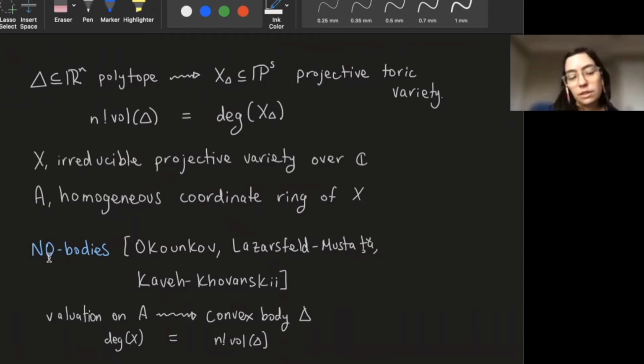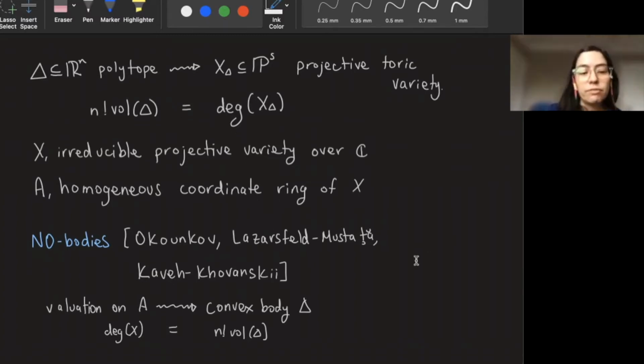Then the theory of Newton-Okounkov bodies, which were introduced by Okounkov, but the foundations of the theory were set up by Lazarsfeld, Mustata, and Kaveh-Khovanskii. I'll give more details, but from a bird's-eye point of view, you start with a valuation on this ring, and you construct a convex body from that valuation.